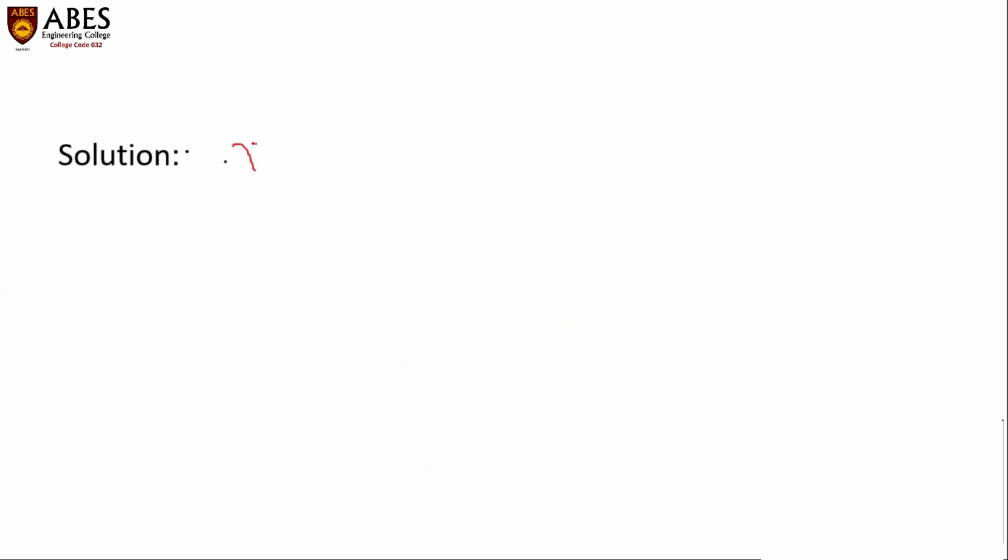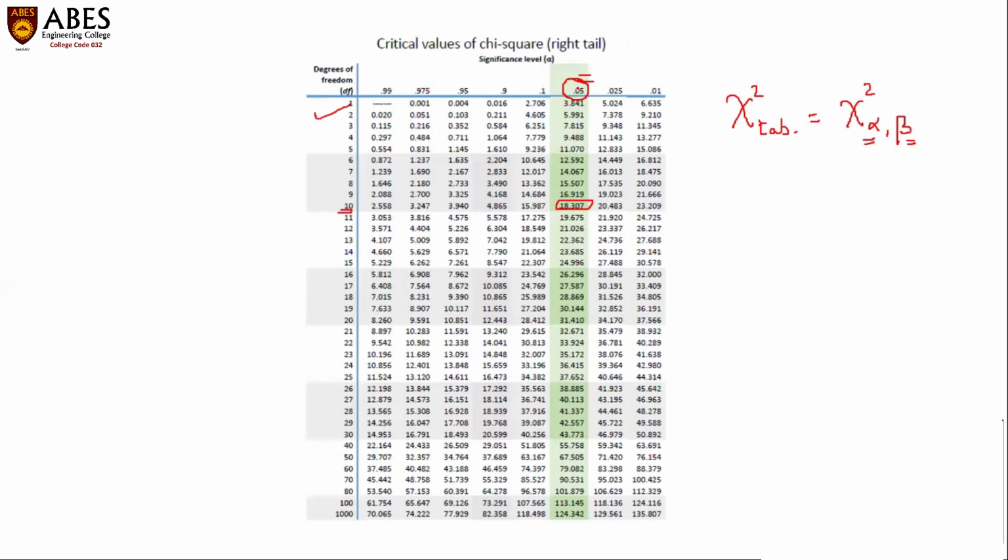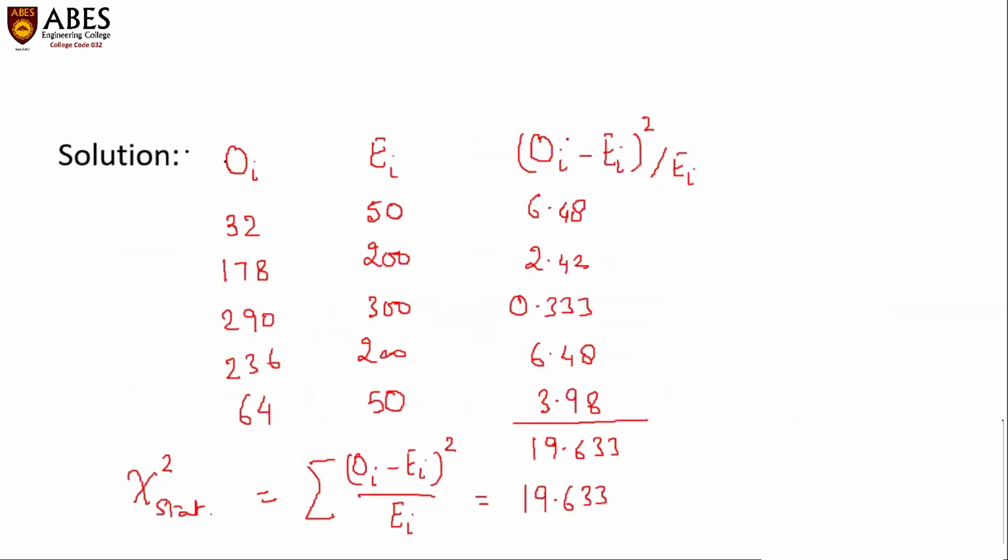Next, we have to find chi-square tabulated, which will be found at chi-square alpha, that is 0.05, comma beta, that is 5 minus 1 equals 4. And you can see from the table that at 0.05 level of significance and at 4 degrees of freedom, the value of chi-square tabulated is 9.488.